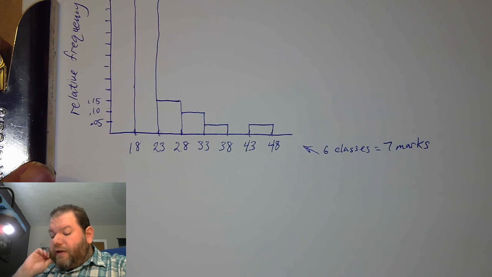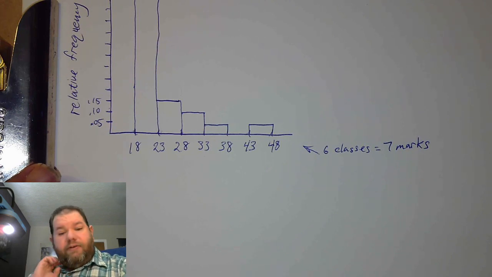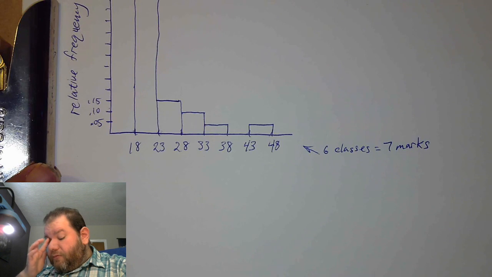What I'll do is have you create the frequency distribution and the relative frequency, all in the same table, and create a histogram for those. And we'll also ask about the shape of the distribution.